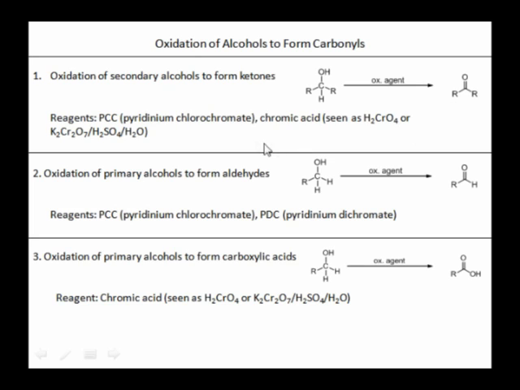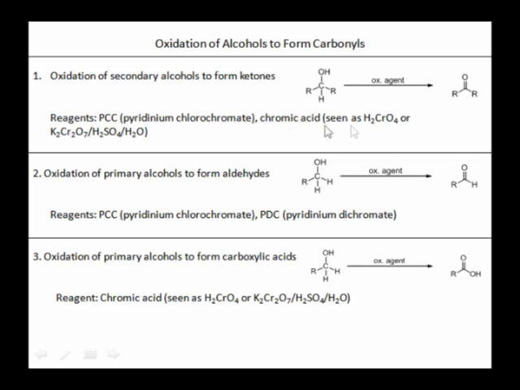The oxidizing agents we use for all of these transformations contain high valent, or high oxidation state, chromium. If we wish to oxidize a secondary alcohol to a ketone, then we can use pyridinium chlorochromate, or PCC, which is a derivative of chromic acid.